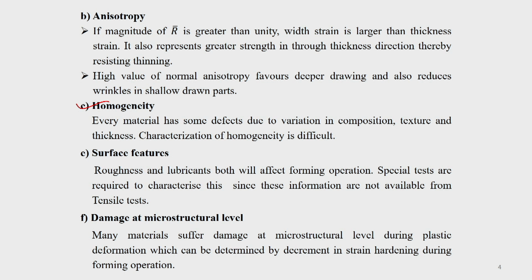Okay. Because the major thing is that you cannot get this information from a simple tensile test, because the tensile test result will not give you an idea about the friction between the workpiece and the die. Okay. So, those difficulties are there.